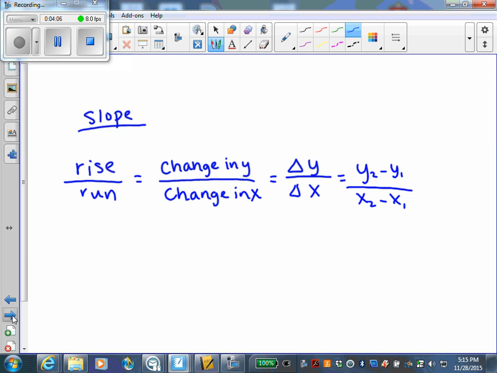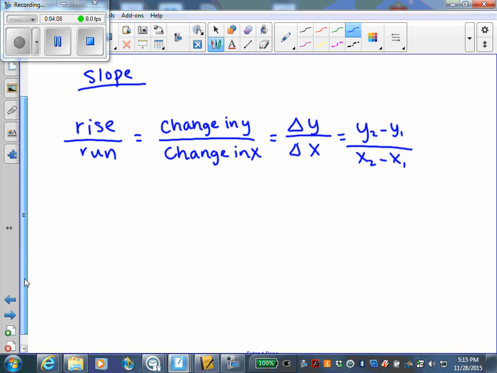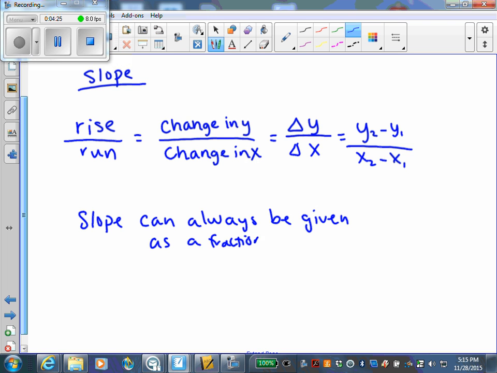And then one other little note I want to make is that slope can always be given as a fraction. So let's write that down. Slope can always be given as a fraction. And sometimes it's really helpful to give it as a fraction.